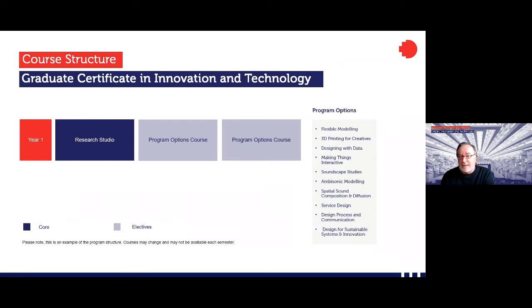So as you see, and we'll talk a little bit more about them when I show you some work, we have flexible modelling, 3D printing for creatives, designing with data, making things interactive, soundscape studies, ambisonic modelling, and spatial sound composition and diffusion, service design, design process and communication, and design for sustainable systems and innovation.